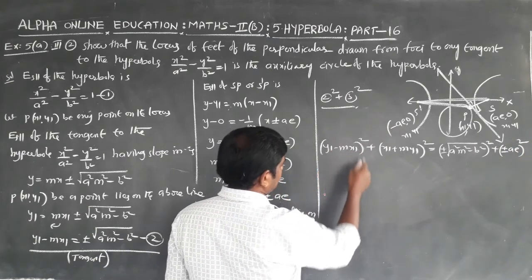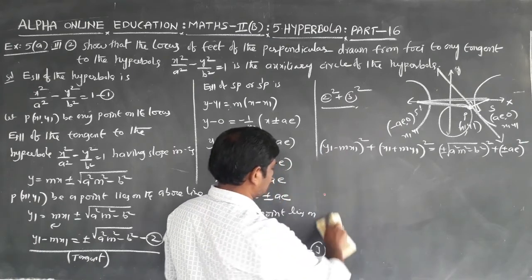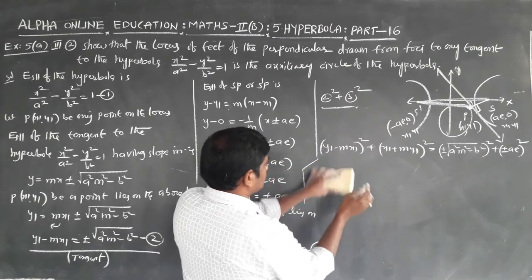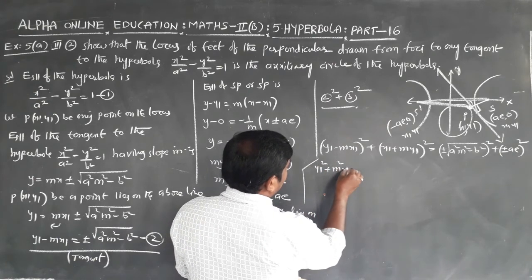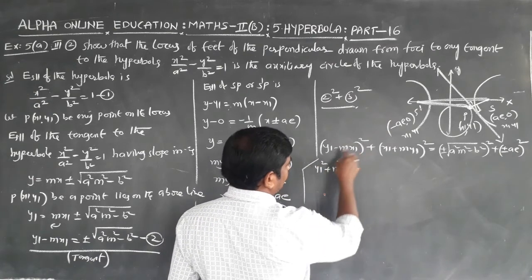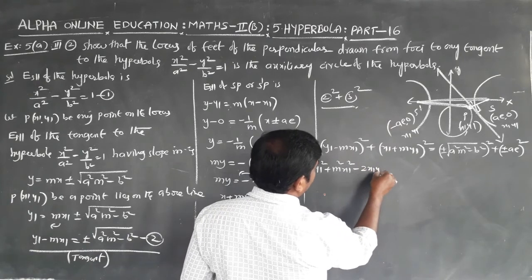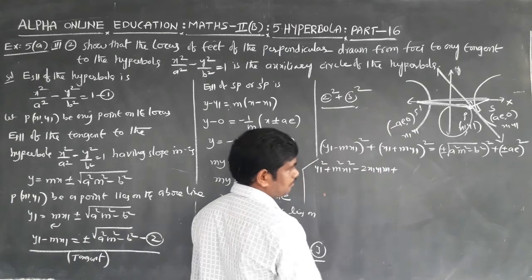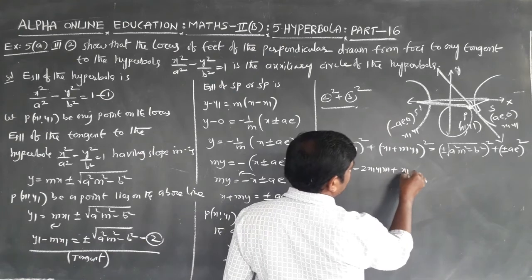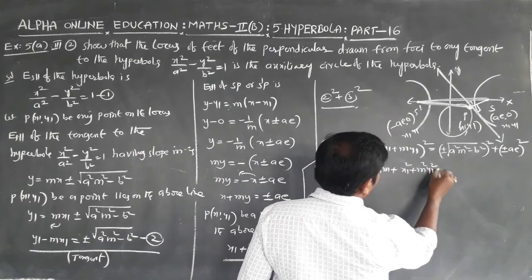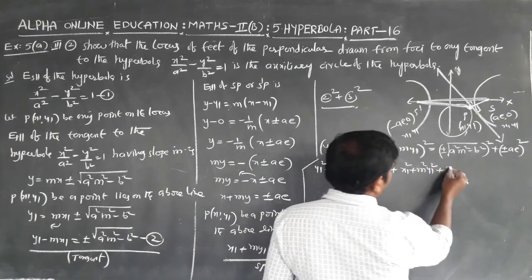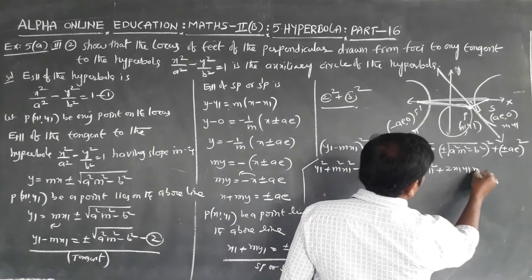Expanding, we get m square x1 square plus y1 square, with the 2x1 y1 m terms.